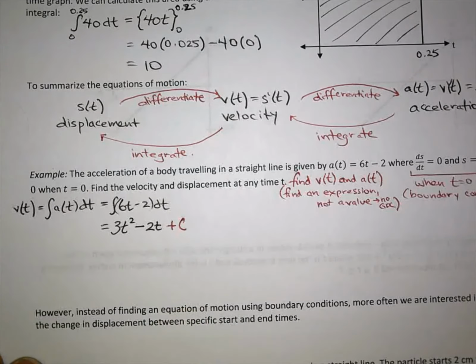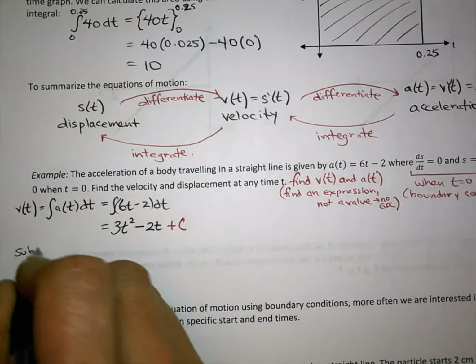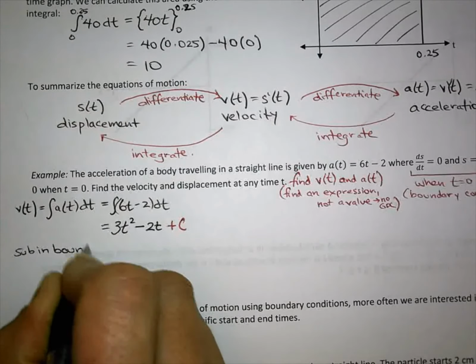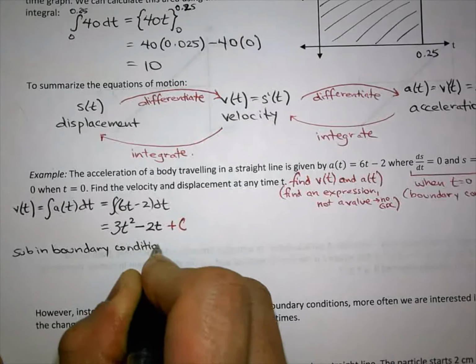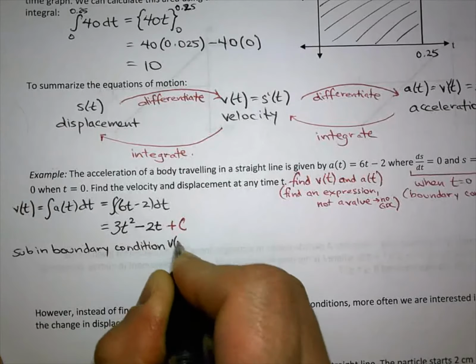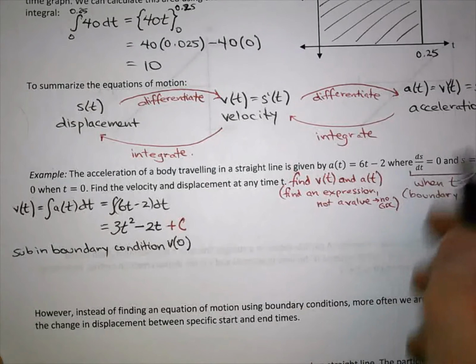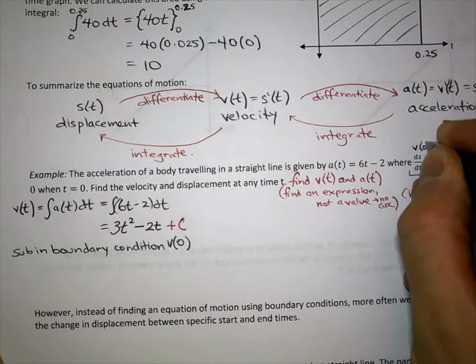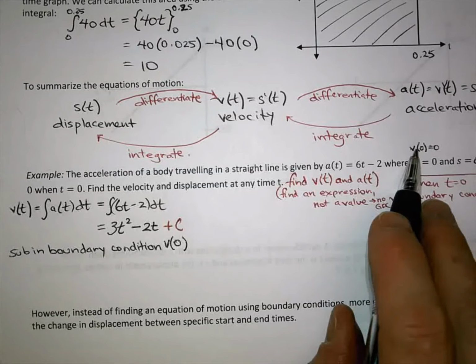Well, I have to sub in the boundary condition, which I know. So I know v at 0. Right, this was v at 0, because the derivative of position is the velocity.